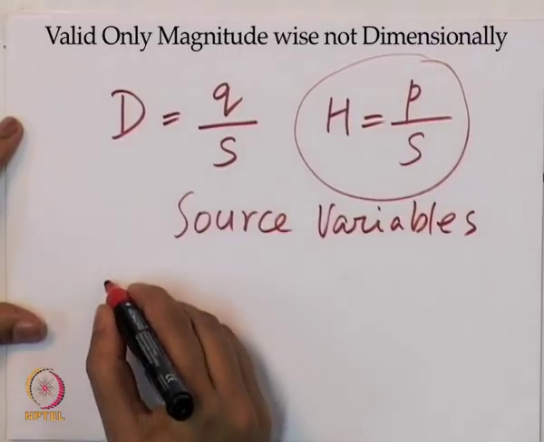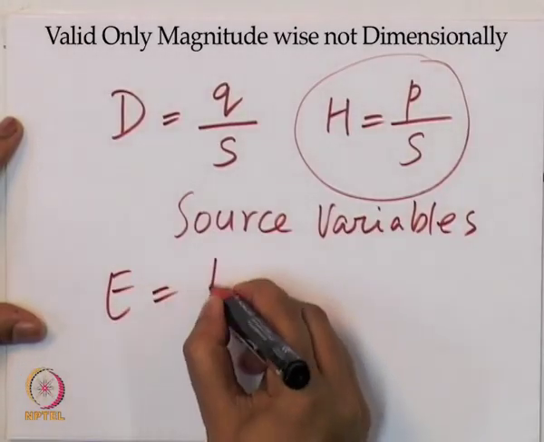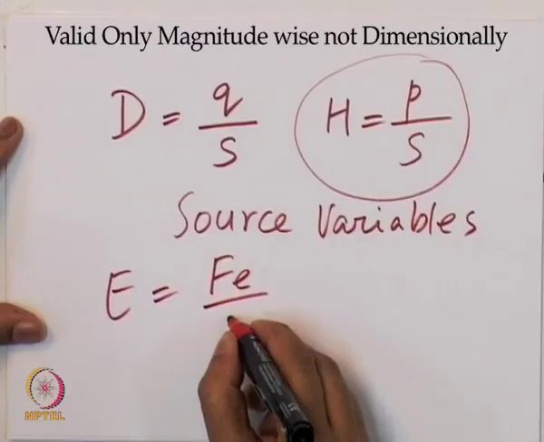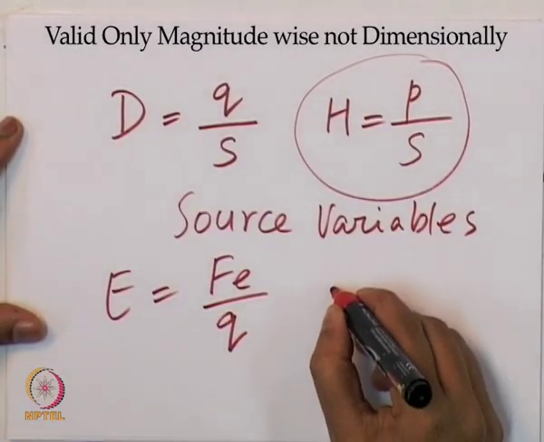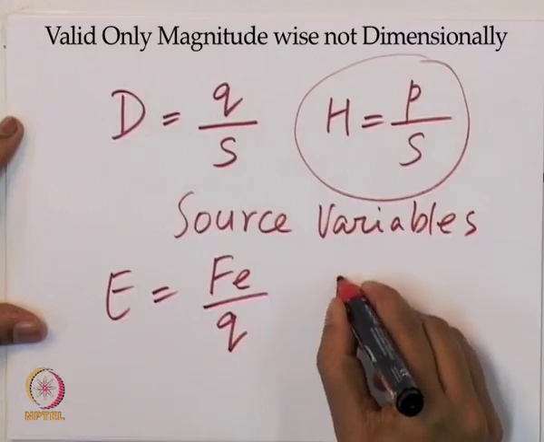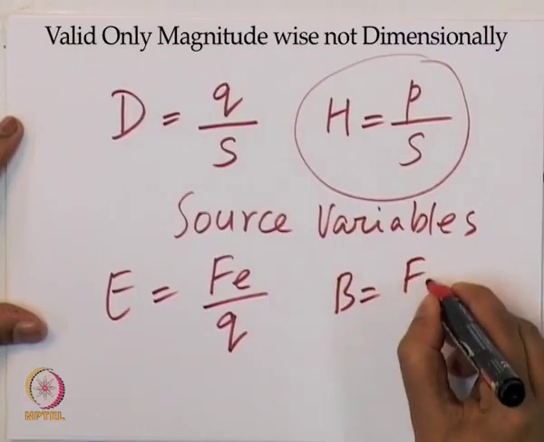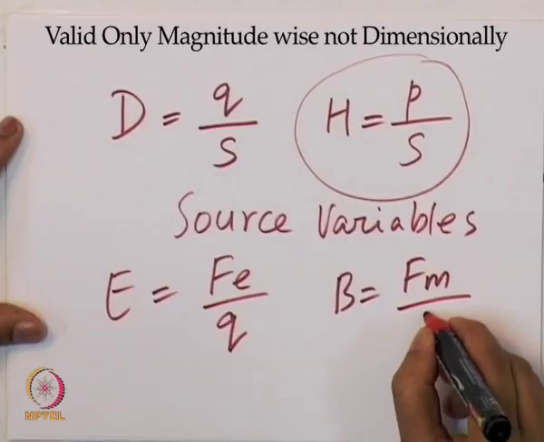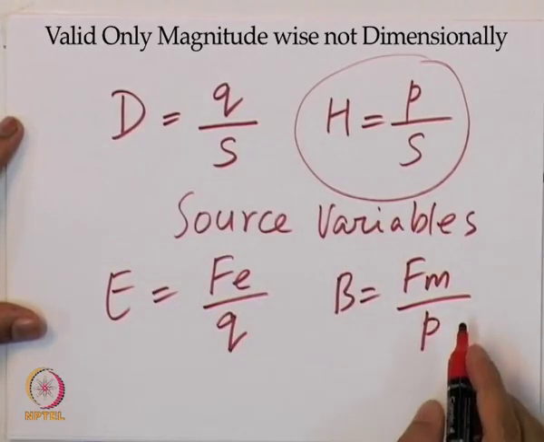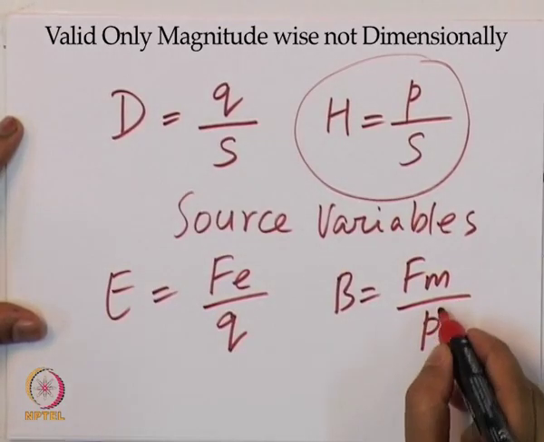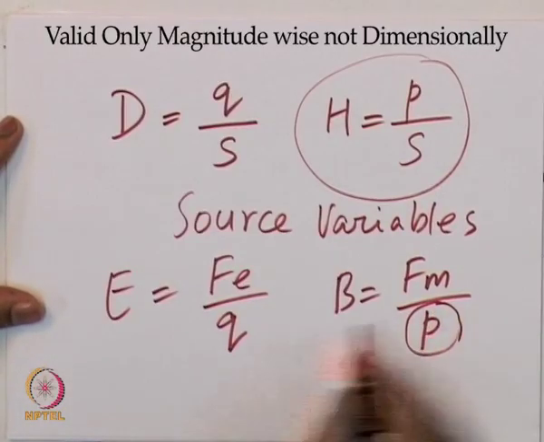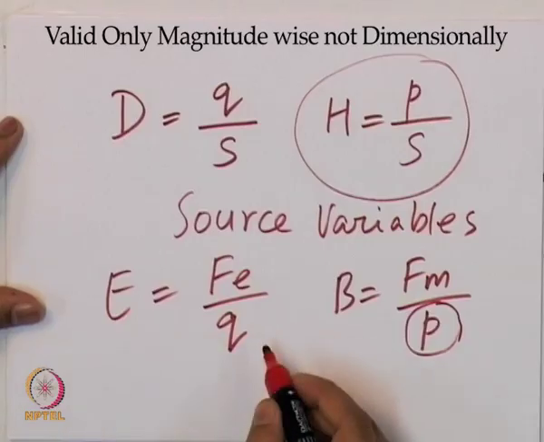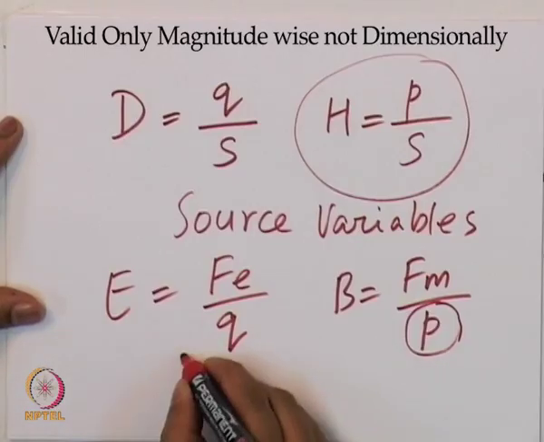Likewise, the configuration variables are E, which is related to the electric force on a unit charge, and B, the magnetic force on a unit pole. Again, a unit pole doesn't exist, but we are using it only to mathematically say why E and B are called configuration variables.